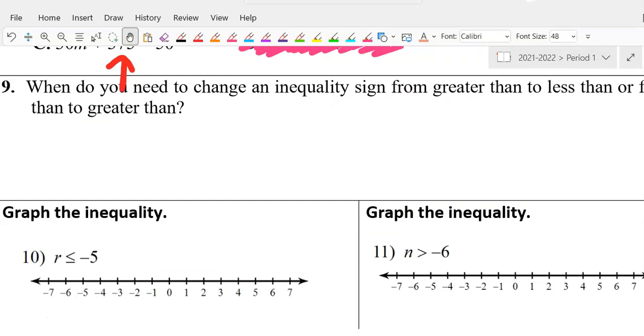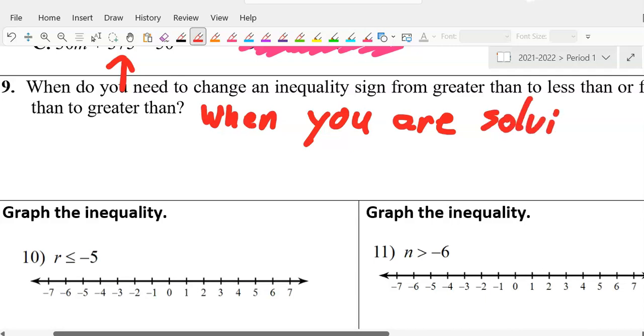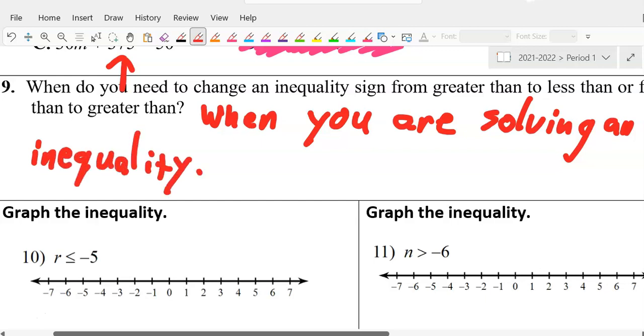When do you need to change the inequality sign? You need to change an inequality sign when you are solving an inequality and you multiply. That's the first part of the sentence. Everybody should have this down. When you are solving an inequality, comma. So that's the first part. Some of you probably left that out because we didn't always repeat that.